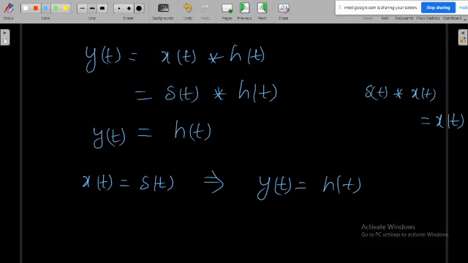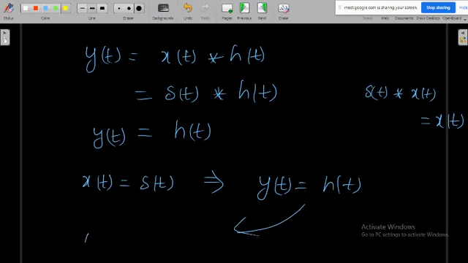The output of the system when you provide the input as an impulse, that output we call the impulse response of the system. So y of t is equal to h of t. That's why this h of t is called the impulse response.